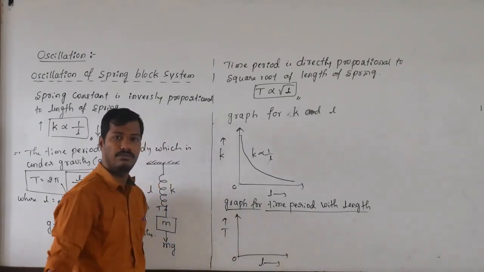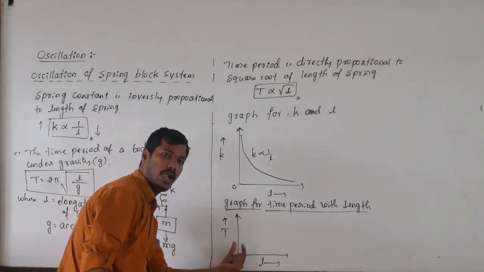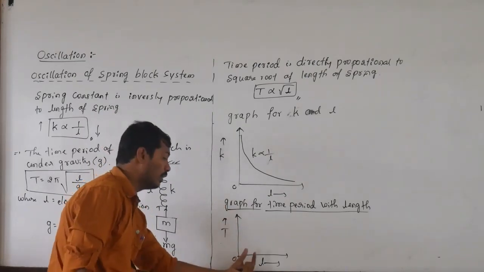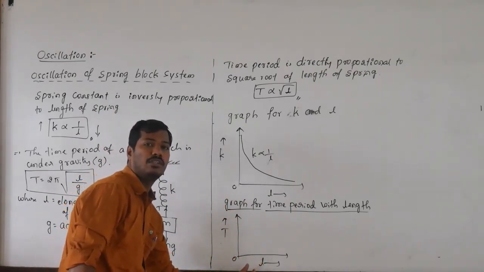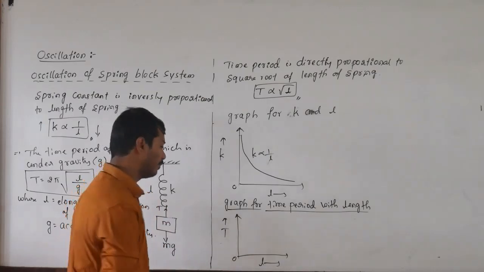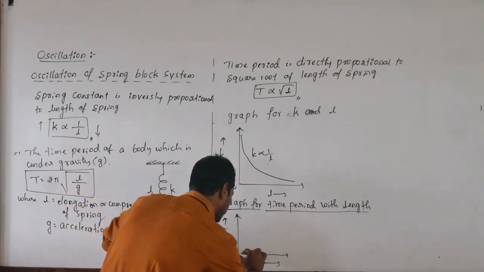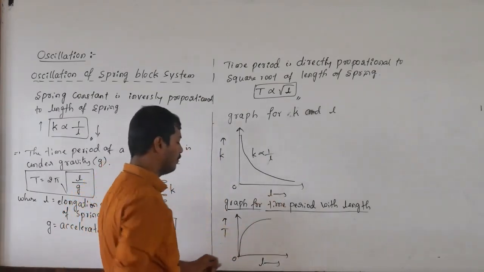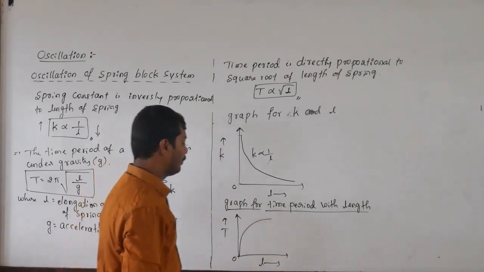Now, in this graph, the time period is increasing, but the length goes on what? Increasing slowly, like this. This is a graph for what? Time period and length.